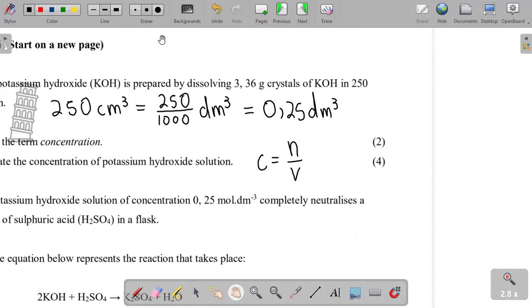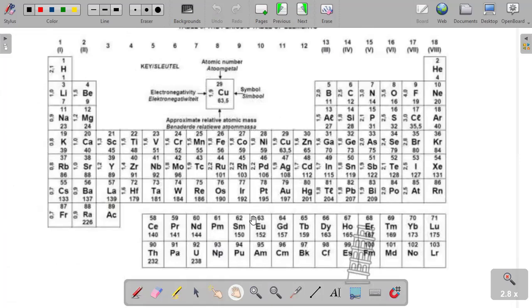The O is 16, H is 1, and K is 39. So it's going to be 39 plus 1 plus 16, the number at the bottom.